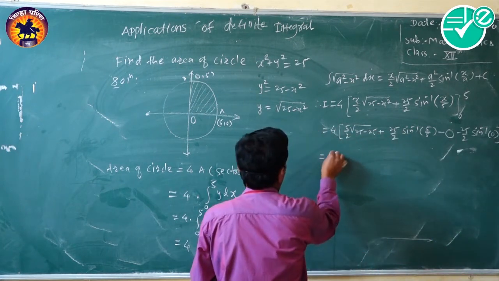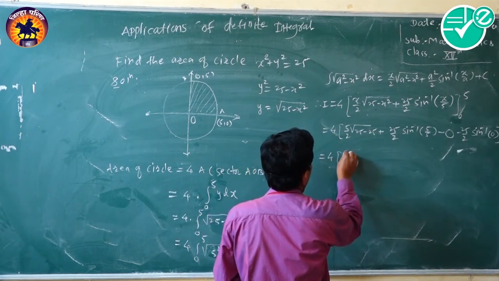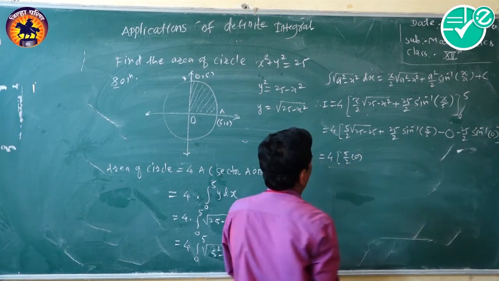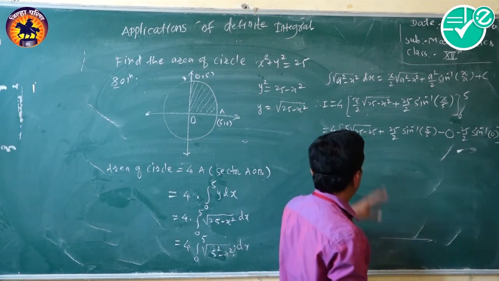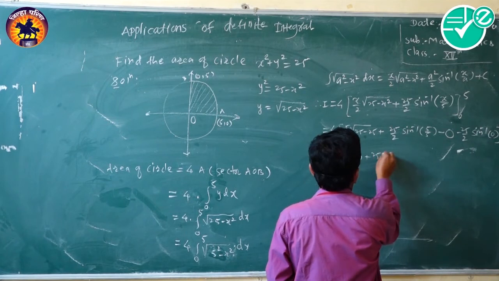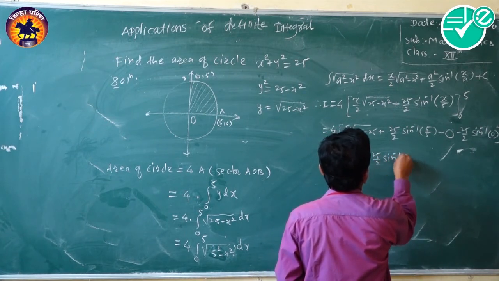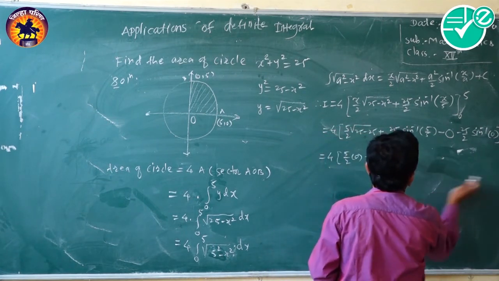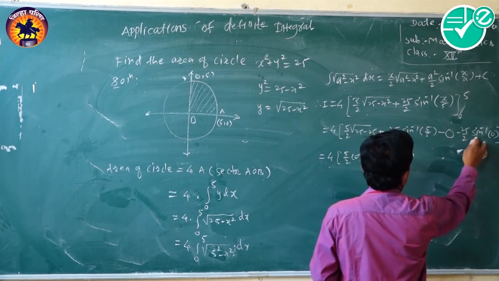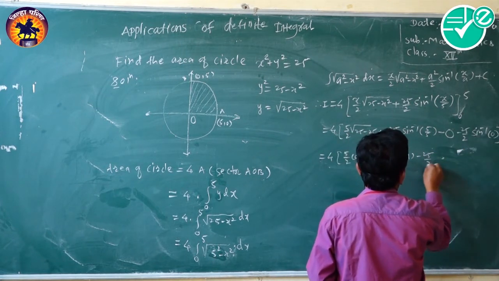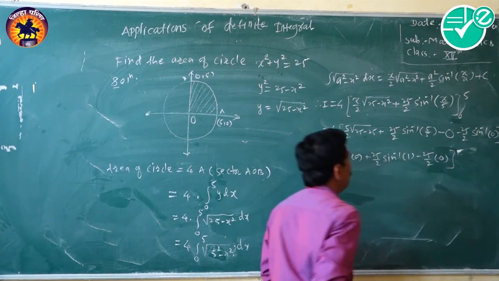This is equal to 4 into 5 by 2 into (25 minus 25, which is 0), therefore this is 0, plus 25 by 2 sine inverse of 1 minus 25 by 2 into sine inverse 0, which is 0.